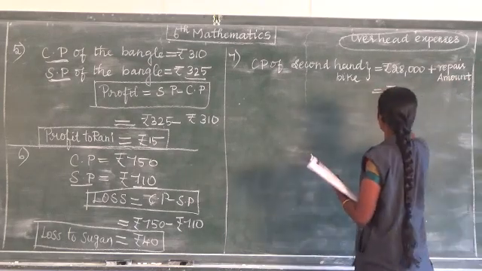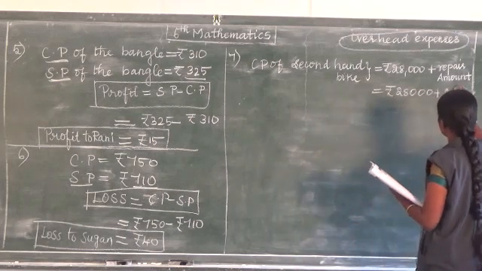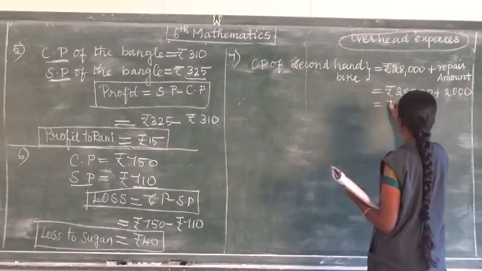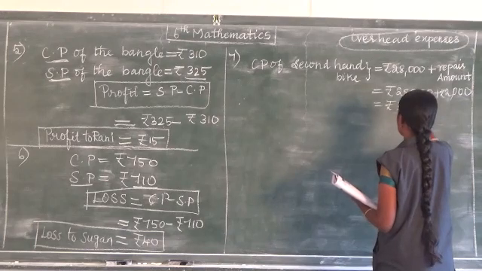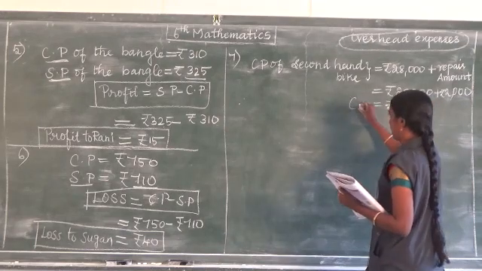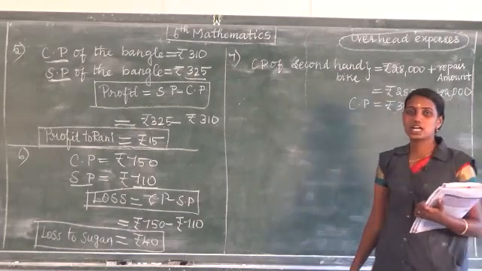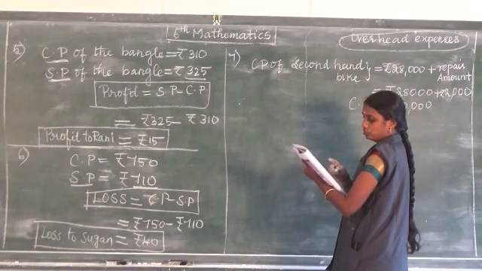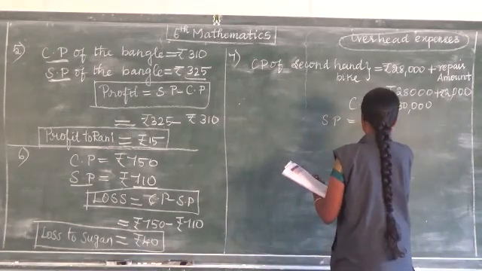The repair amount is 2,000, so 28,000 plus 2,000 is 30,000. So finally the cost price is 30,000. He sold it for 30,000.